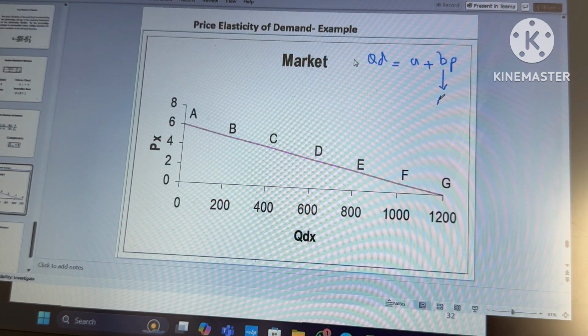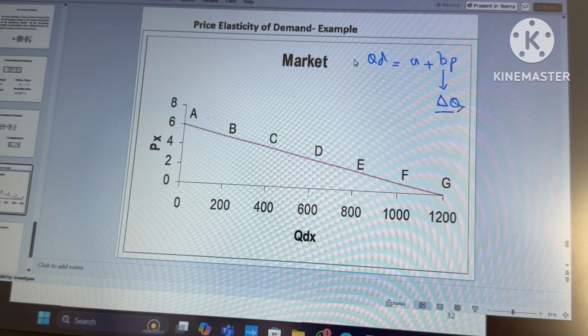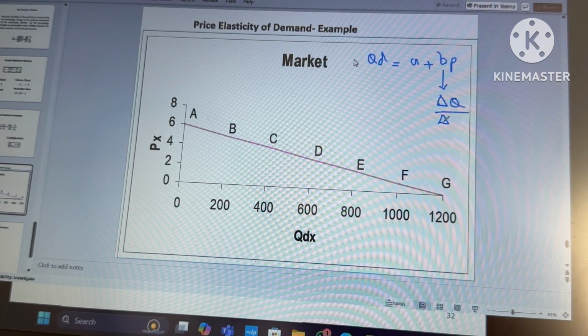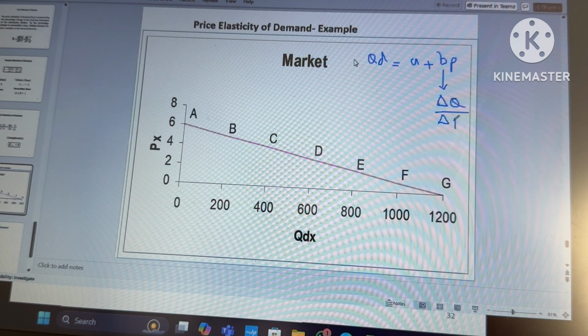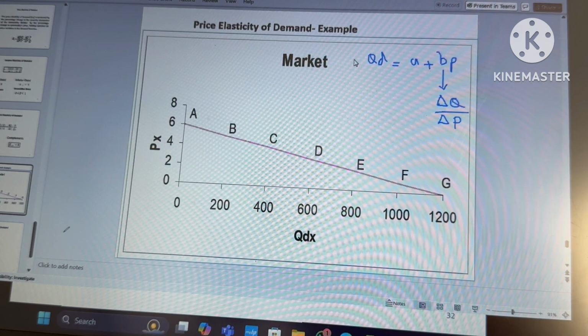You can take it in this way. Remember, change in Q divided by change in P. Remember? If you do not remember, I can show you.